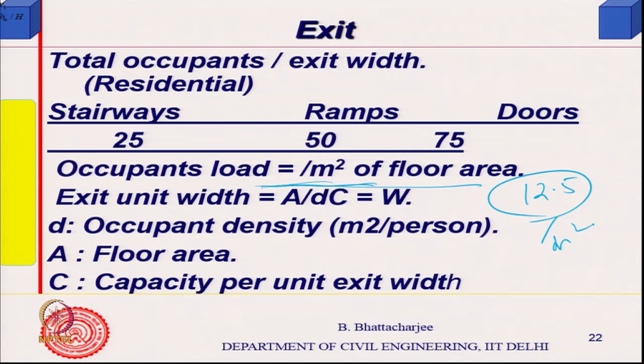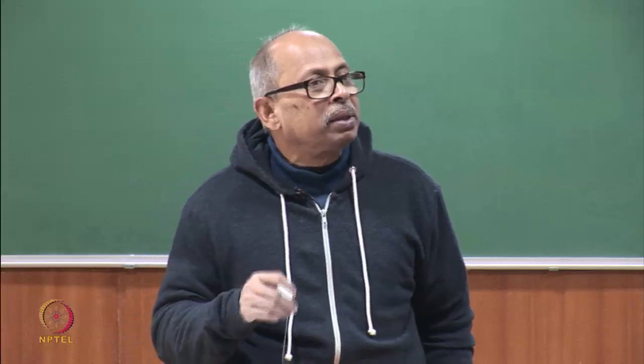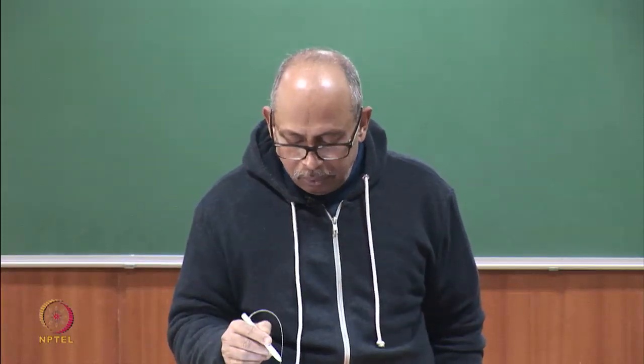Unit exit width is given by A, D is the occupant density, floor area capacity per unit exit width. So occupant density is what you get, the occupant load, and meter square per person will be 1 over that D. So if it is 12.5 persons per meter square, meter square per person is 1 over that, you can find out.